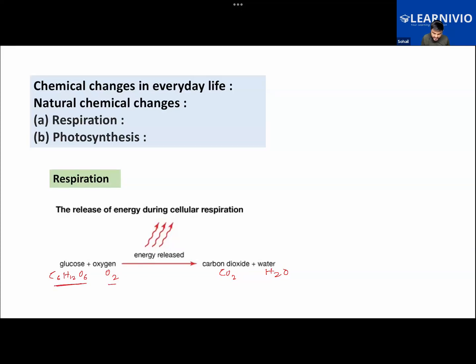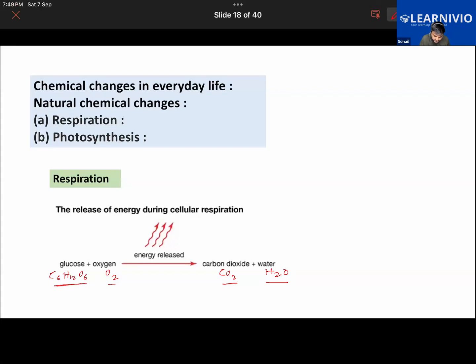Both of them reacted to give out carbon dioxide and water. So isn't a new substance formed here? New substances are formed. And what do we know? Whenever a new substance is formed, that is the characteristic of a chemical change, right? Got this now? Hope you guys have got the first thing.